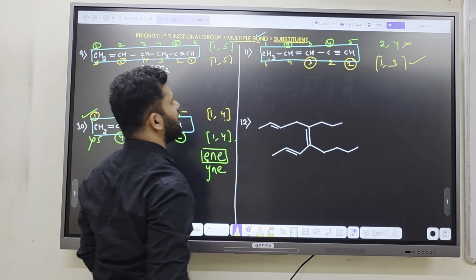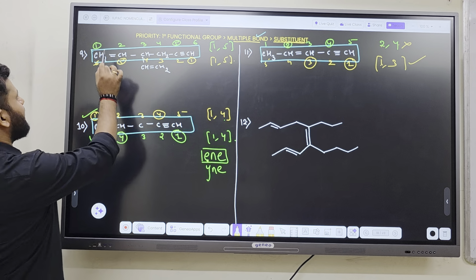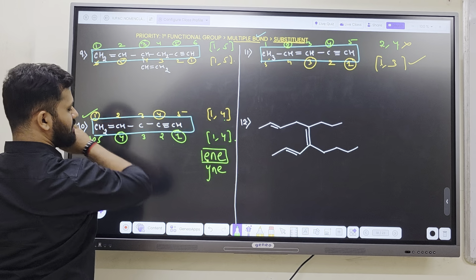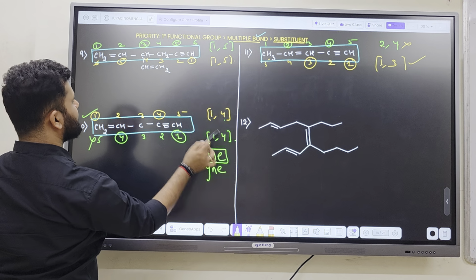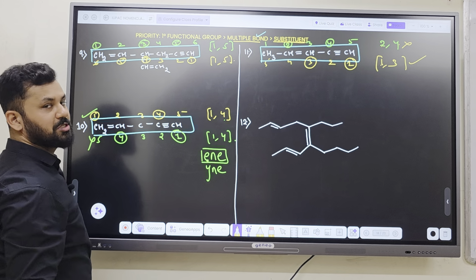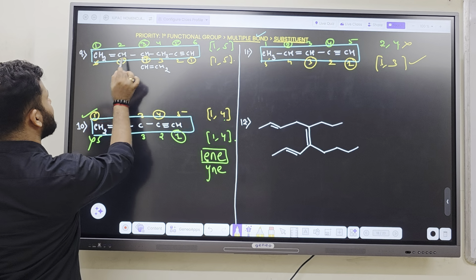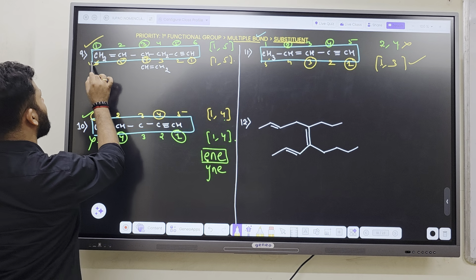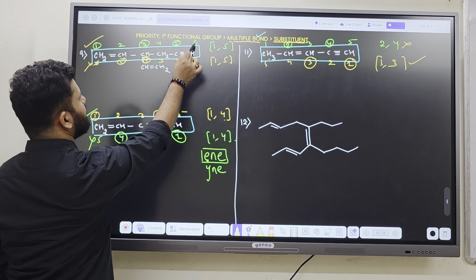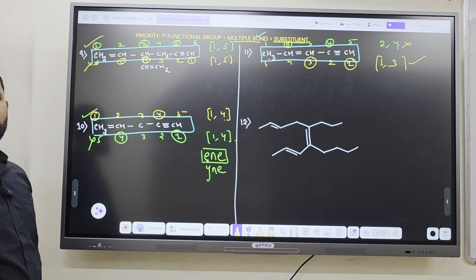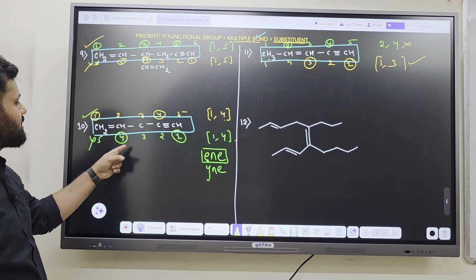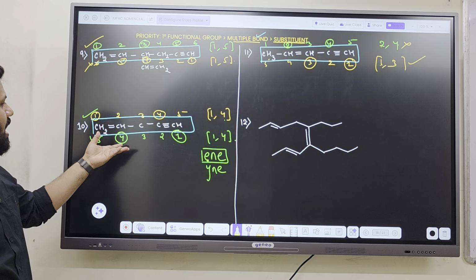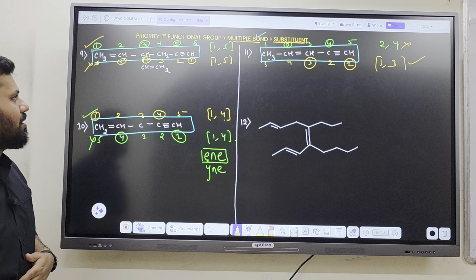We shall move to the next level, that is substituents. When I go from left to right, the substituent is present at third position. And if I go from right to left, substituent is present at fourth position. So I will prefer third over fourth. So I will number from left to right. I could not do that substituent business over here because there were no substituents. And hence, I had to go with alphabetical order.